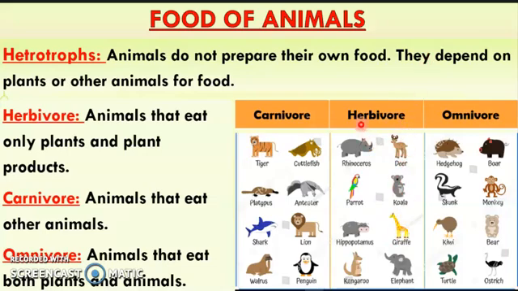Herbivores will eat only plants and plant products. Understood? You see the herb. Herb is the name of a small plant. So this is easy for you to remember that a herbivore means a plant-eating animal. Okay. Omni means both. Remember that omnivores eat both animal and plant products.